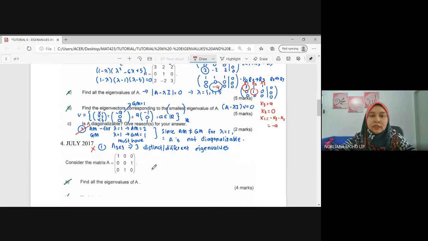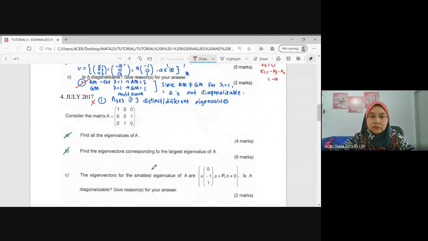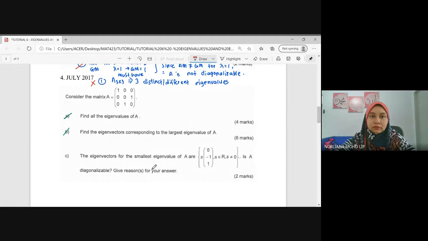Okay, cuba kita tengok ni. The eigenvector for smallest eigenvalue of A are this one. Is A diagonalizable?